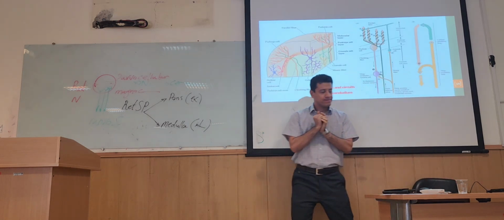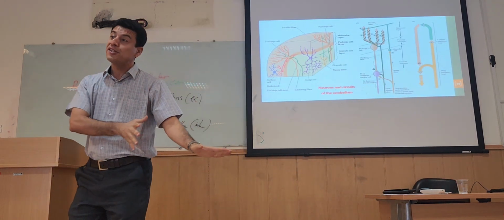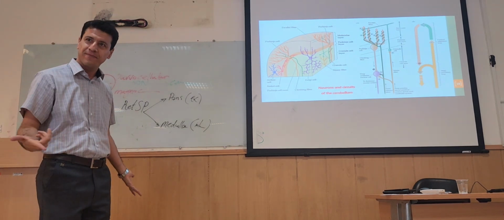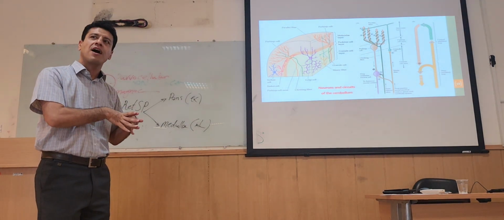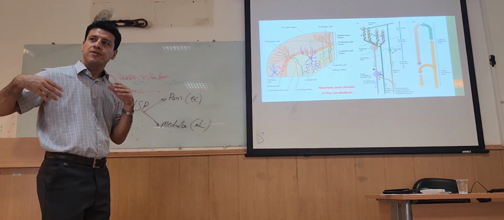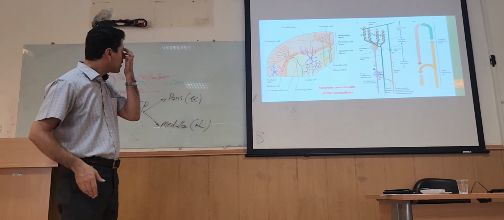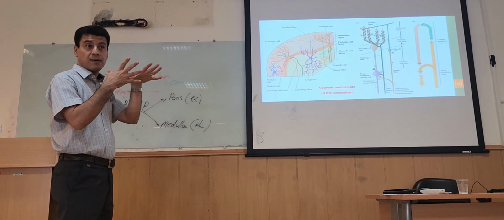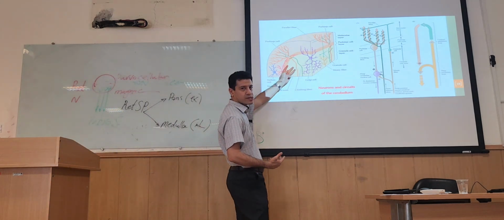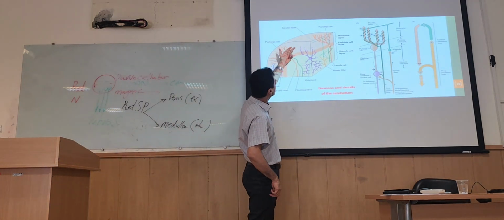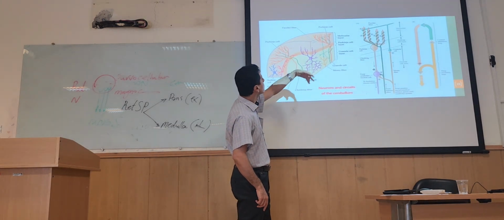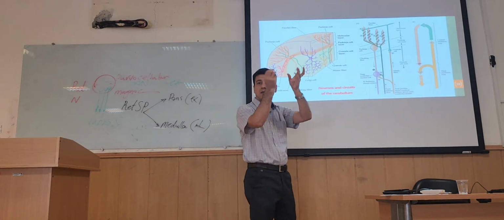So now let's see the physiology. So far we talked about anatomy. Now let's talk about how the neurons in the cerebellum generate the general function of the cerebellum. You know that we have cortex in the cerebellum and deep nuclei. The cortex has three layers: molecular layer, Purkinje cell layer, and granule cell layer. In the molecular layer we have dendrites.